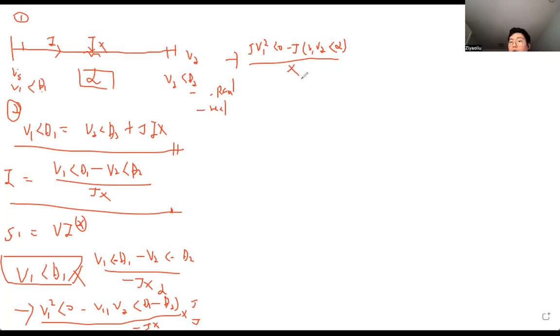So we write j V1 squared over X, and since the angle is 0 I won't write it down. Then minus j V1 V2 cosine delta plus j V1 V2 sine delta.